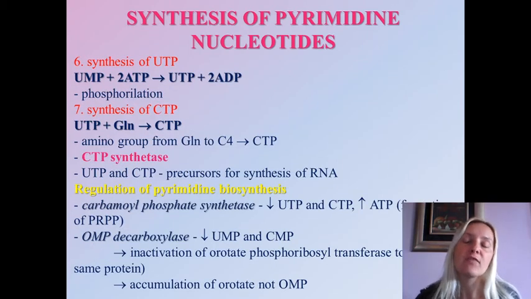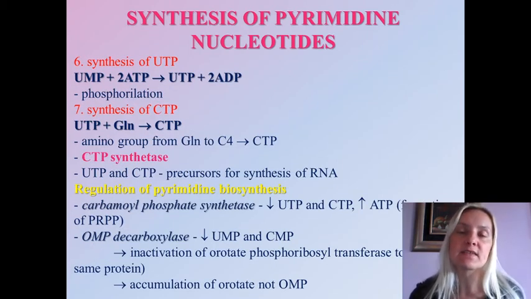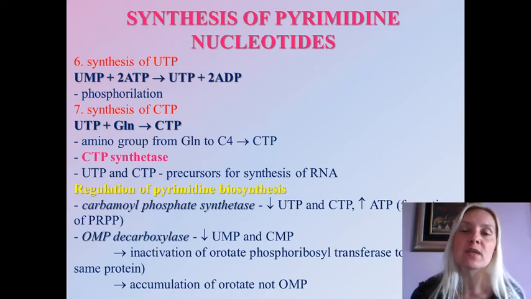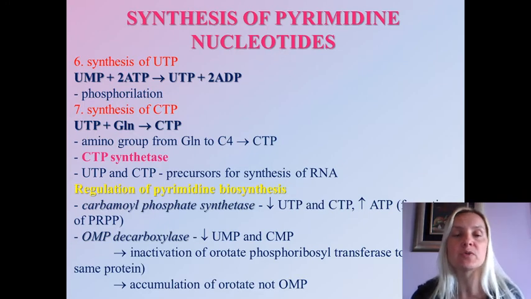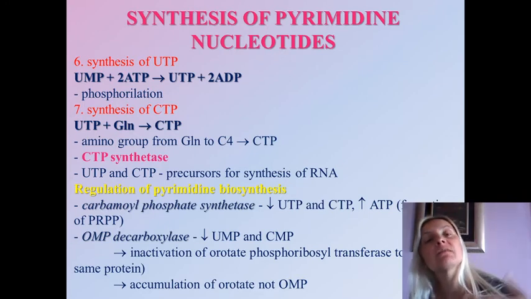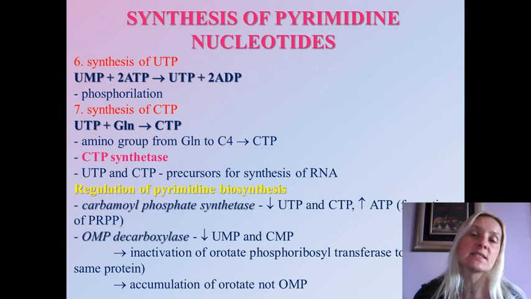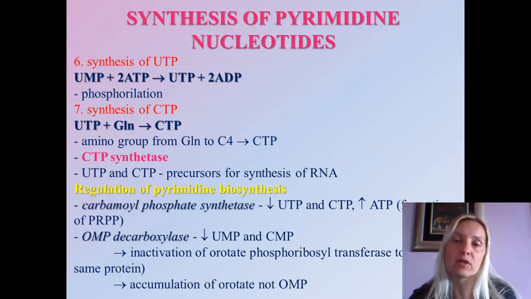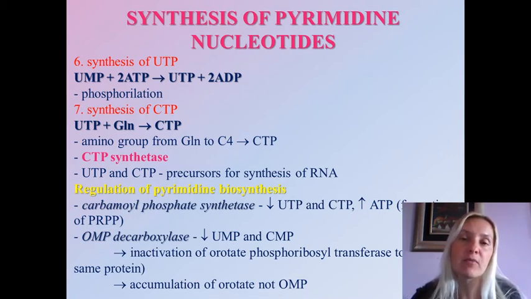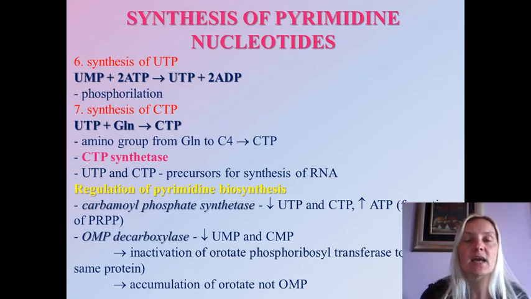So after uridine monophosphate is synthesized, we have to phosphorylate it to UTP. So we have UMP, and phosphate groups are donated from ATP molecules to form UTP. And then from uridine triphosphate we can synthesize cytidine triphosphate, and the donor of the amino group for attachment to carbon atom number 4 of the pyrimidine ring is glutamine, and its amide group.